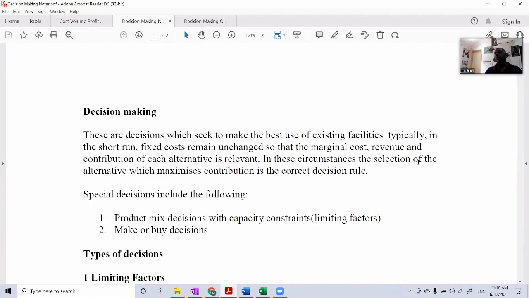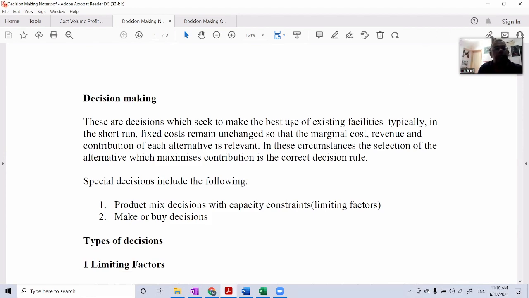And linear programming is something that is examinable in year 3, not in year 2. It's a future lesson. Before we start on this, let's take a look at the type of decisions.